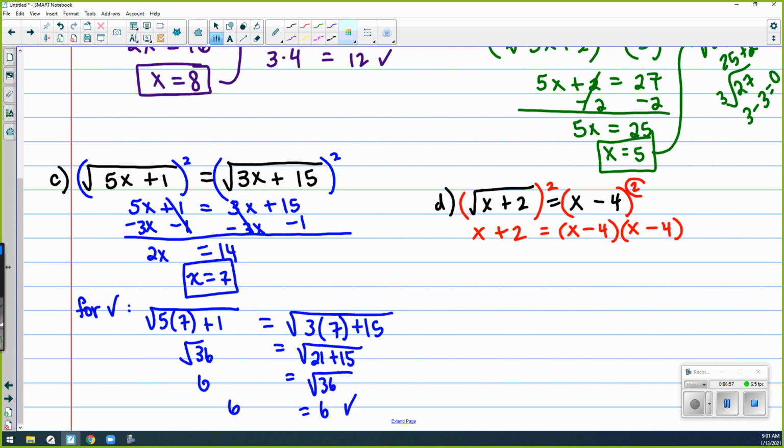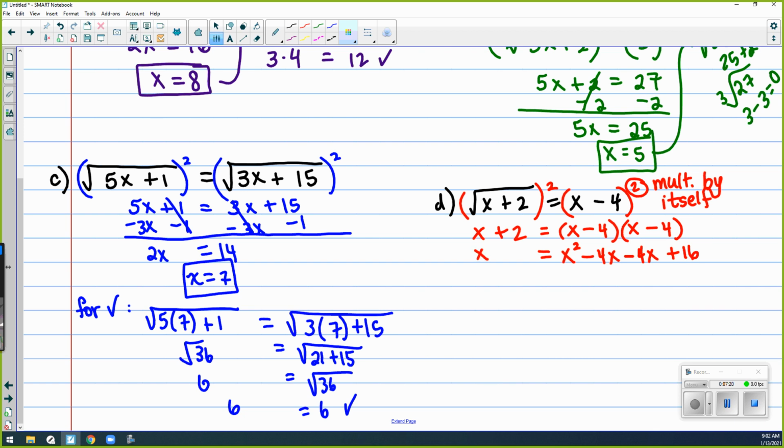So remember, when you are squaring something, you are multiplying by itself. Then x times x is x squared, minus 4x plus 16. First, outer, inner, last.